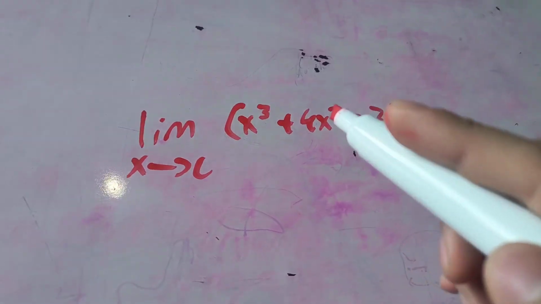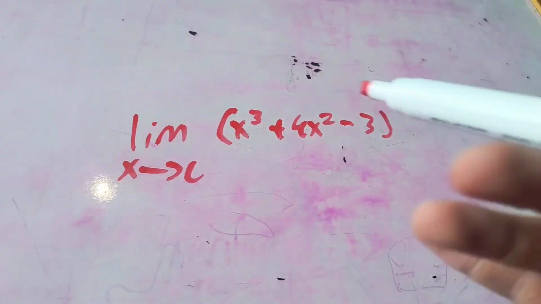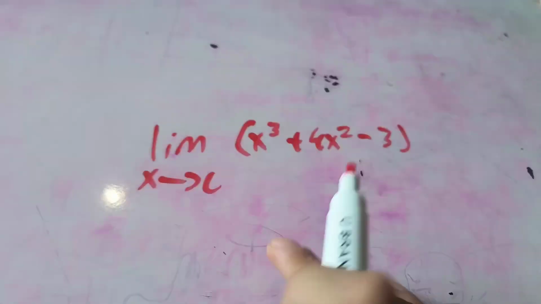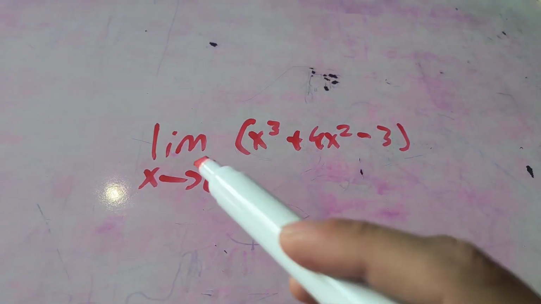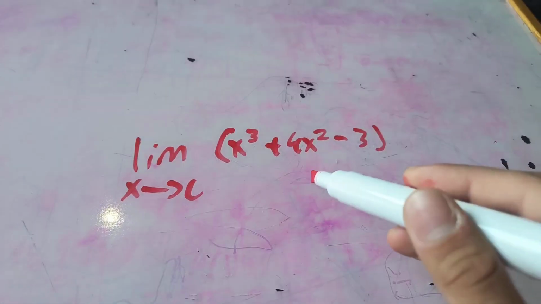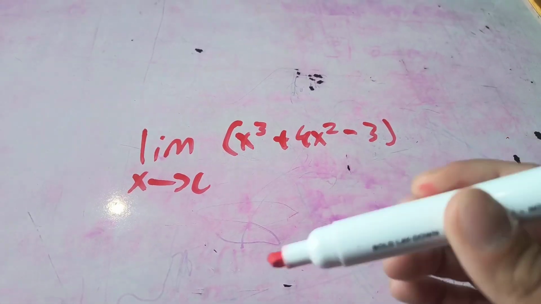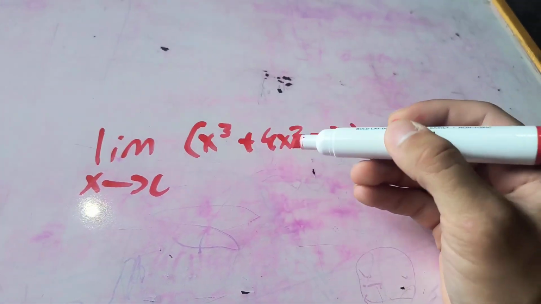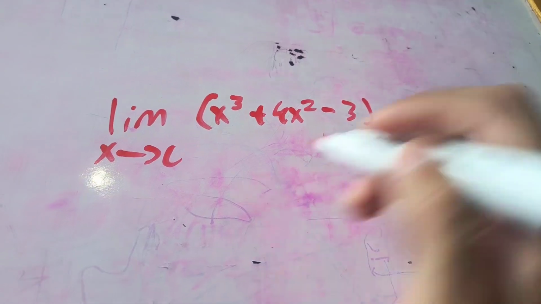So we know that by the sum rule, the limit of several functions added together is just the limit of each function separately added together. So we can look at these as all separate functions: x to the power of 3, 4x to the power of 2, and 3.